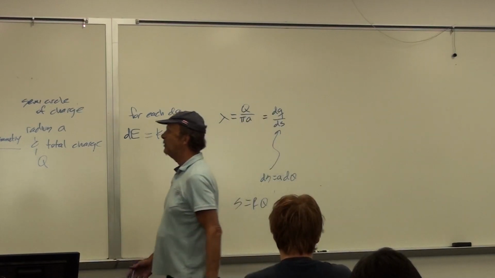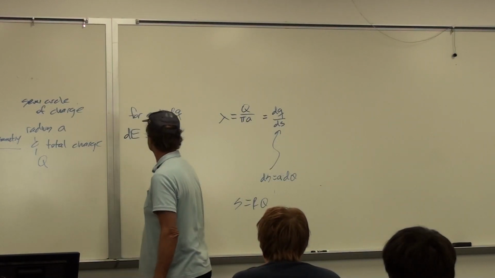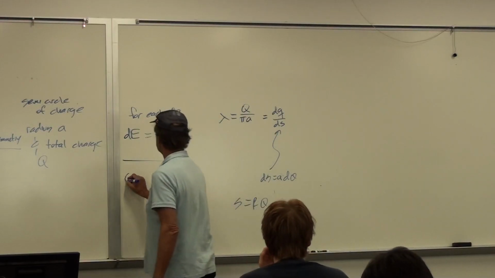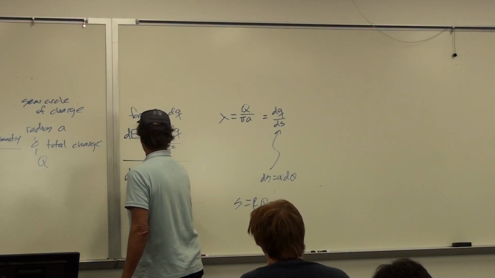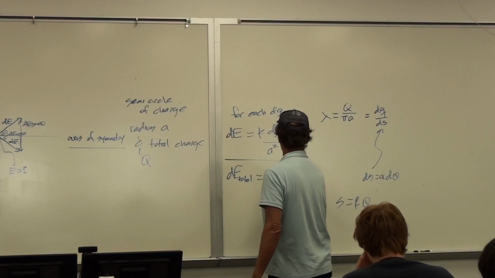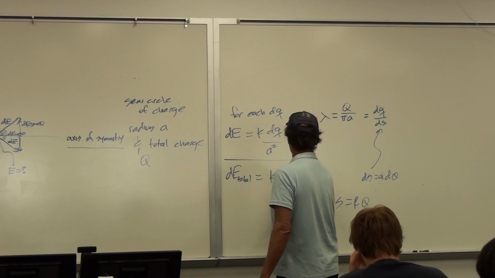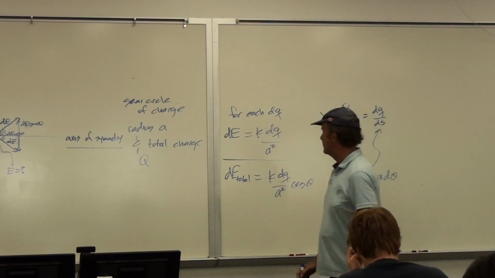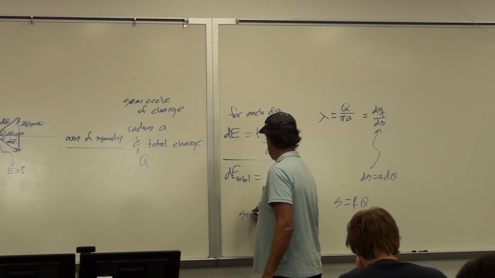Okay. And so, but what are we going to be integrating with respect to? Well, for each dq, we've got this, but dE total is going to be k dq over a squared times the cosine of theta. Okay, because the sine theta components cancel.